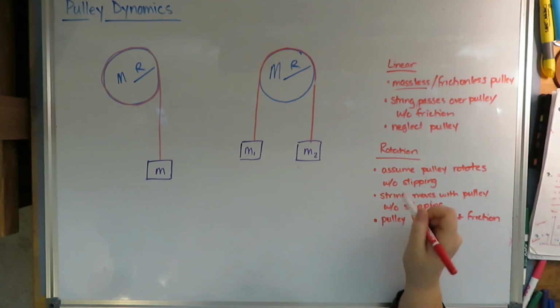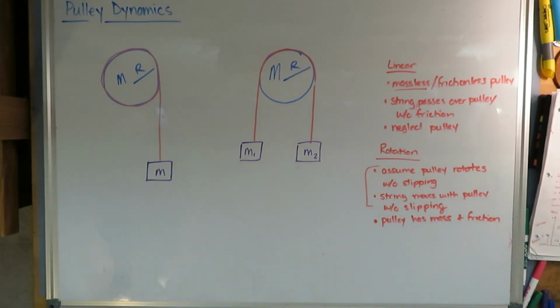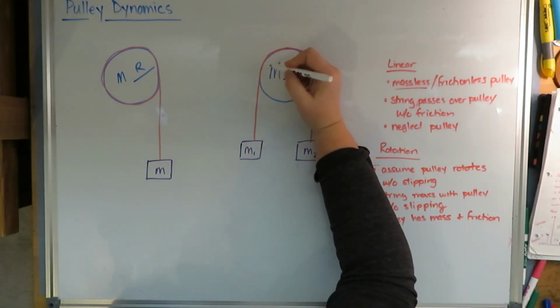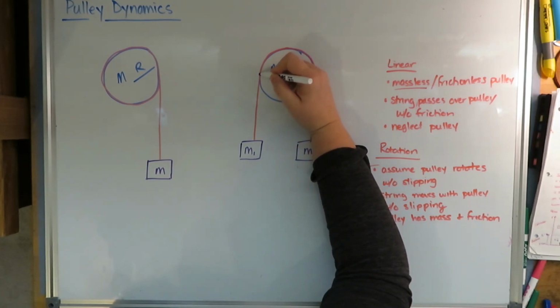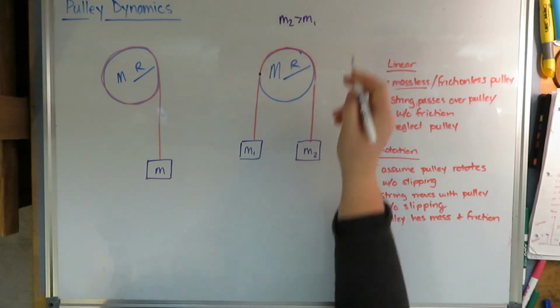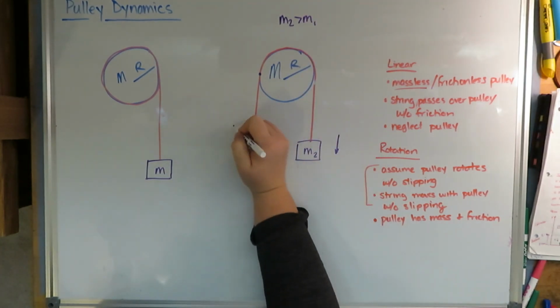So what does it mean to rotate without slipping? That's going to be the key. If we take a look at this basic Atwood machine right here, we assume, first of all, that the pulley first comes in contact with the string. Let's say M2 is bigger than M1, so that this guy's going to go down and this guy's going to move up.